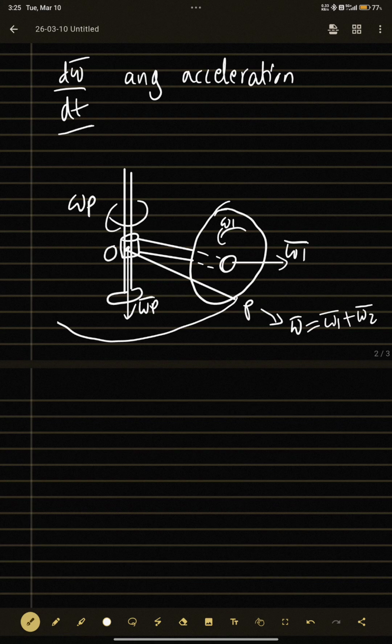Yes, you can consider. So like Anupam is saying, the instantaneous axis moves along the space cone with this speed, omega p. But you have to remember, omega का absolute जो motion है वो है space cone. That's very easy to understand, right?